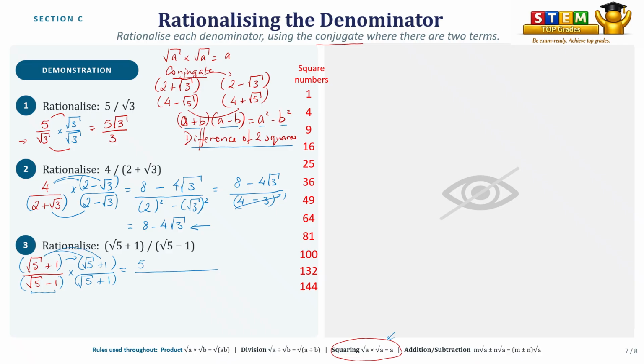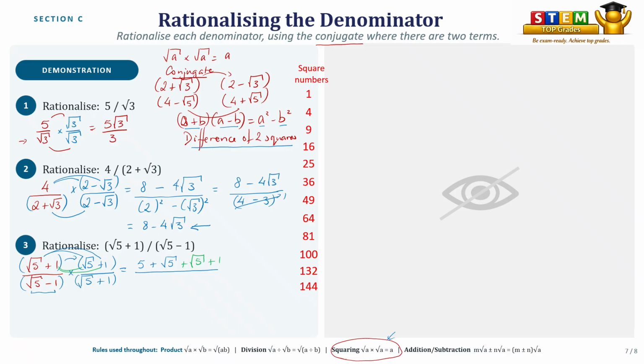Then root 5 times 1, so that's 1 root 5, or simply root 5. Now the next one, 1 times root 5, which becomes root 5. 1 times 1 becomes 1. Okay, all terms are positive.